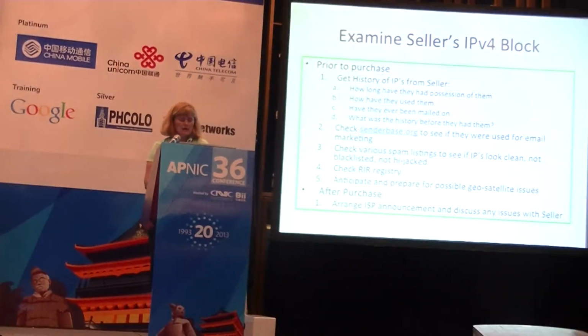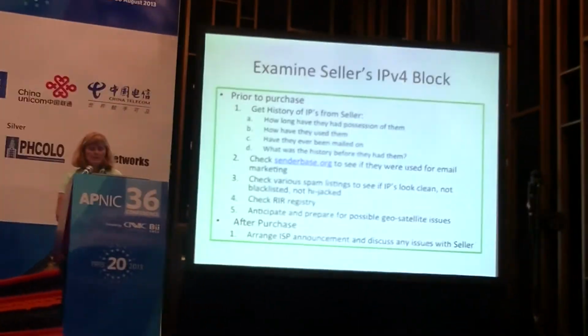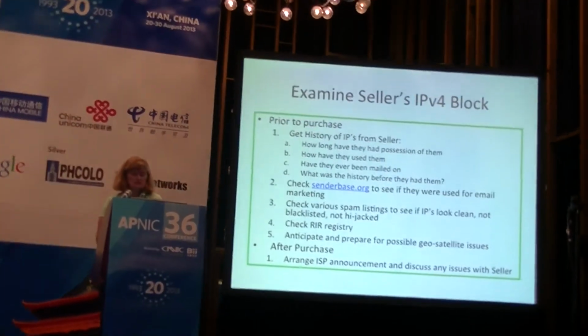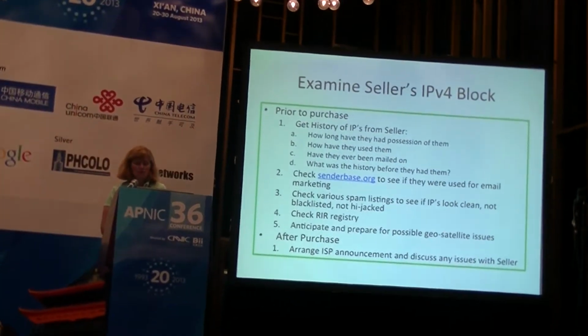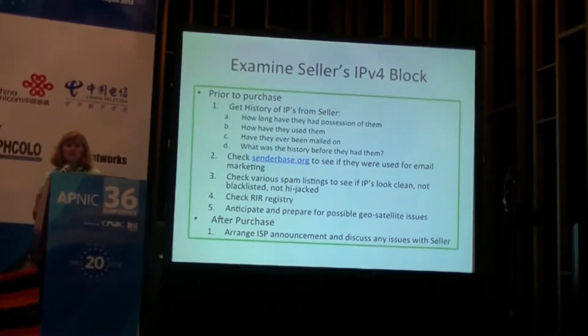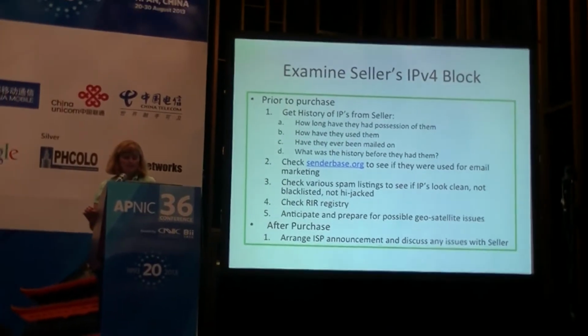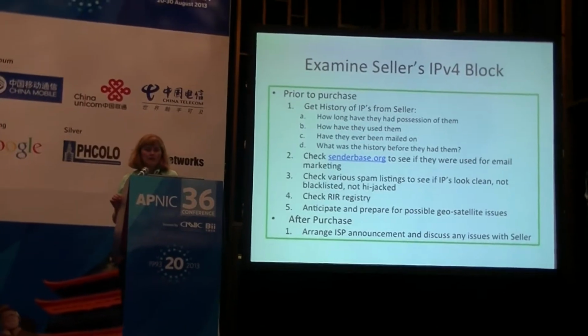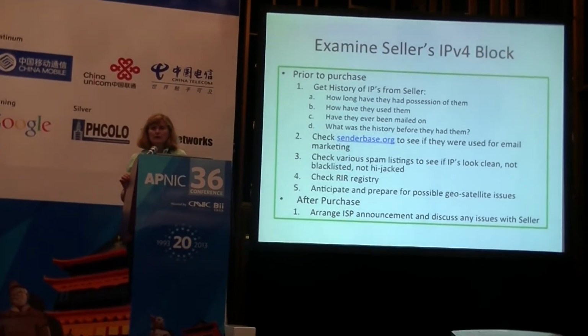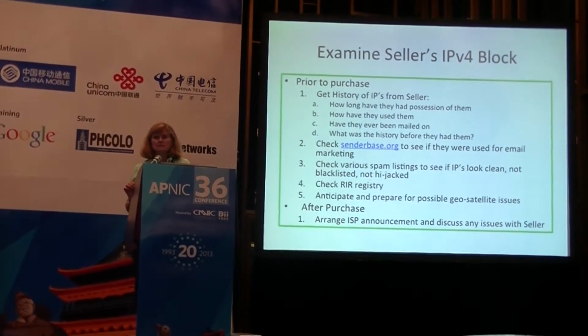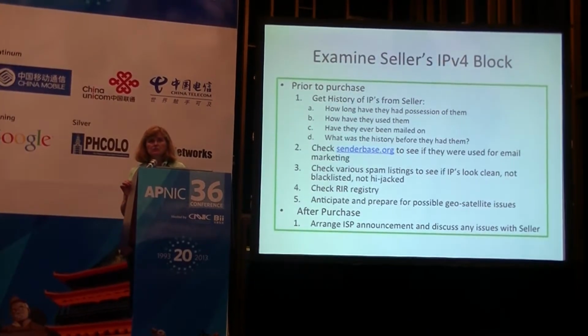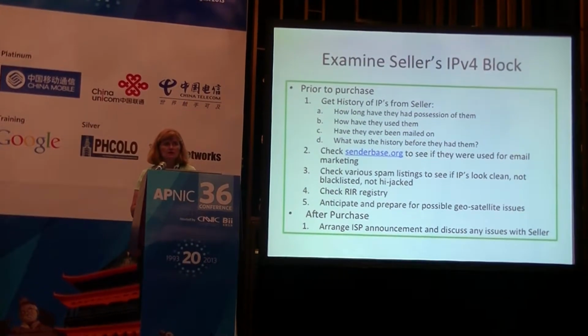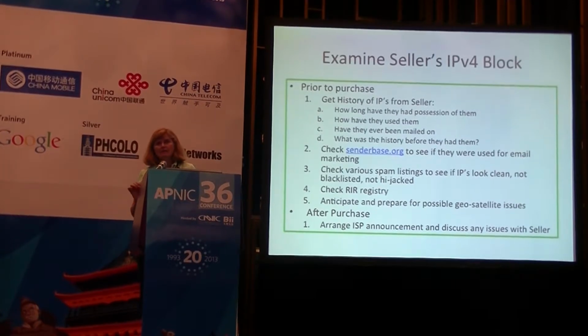Okay, so examining the seller's block, there's a lot of things to think about. And one thing we suggest is that you get a history of the block in terms of how long the seller has had the block and what they have used the block for. And quite often the blocks haven't been used in a long time, haven't been announced in a long time, and that may not matter.